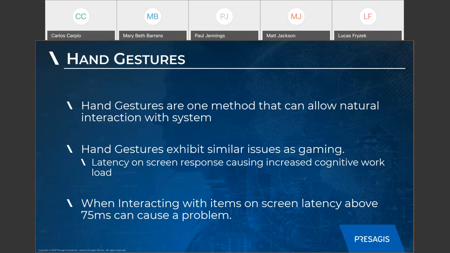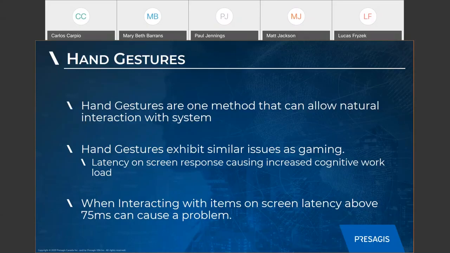If I wave my hand and I've got a helmet, I need to see that hand relatively quickly on the screen. Otherwise, I start predicting where my hand is. If I move my hand around slowly, that's great in the lab, but realistically, when you're moving, driving, flying, that's not the case. Your hands are going to move around not in very discrete steps and controlled manners, because other things are going on.